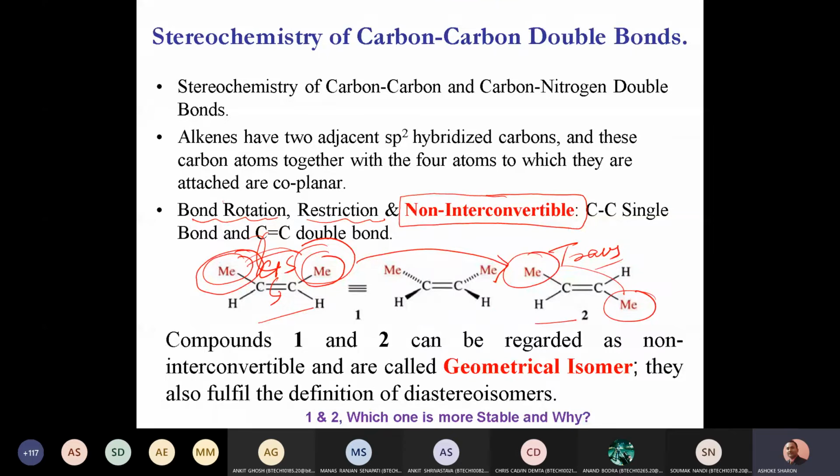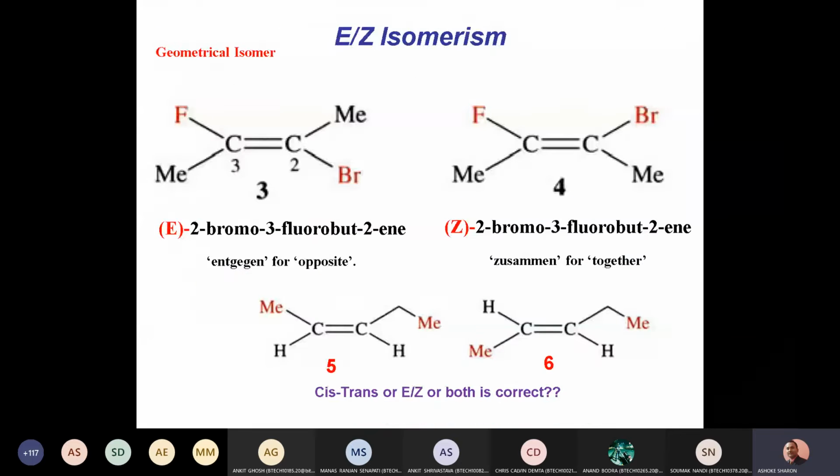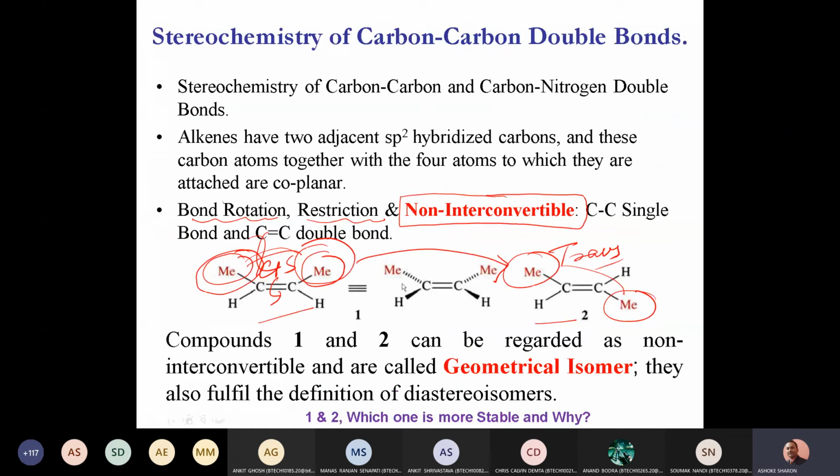Here we say cis because the methyl groups are on the same side, and here the methyl groups are on opposite sides, that's why we call trans. But when we go for compound 3, with the help of methyl group we can say trans. With the fluorine and bromine, we can say trans. But with respect to fluorine and methyl, we have to say cis. So you see, cis and trans is a kind of relative term.